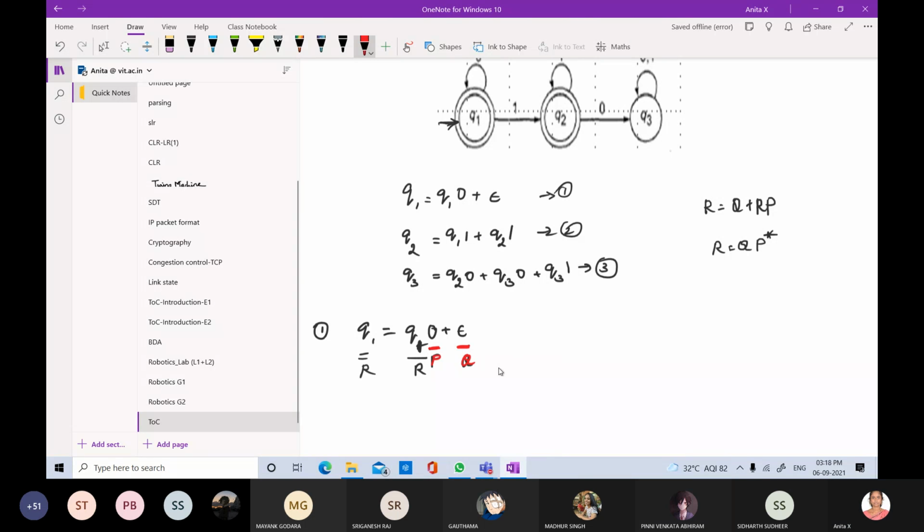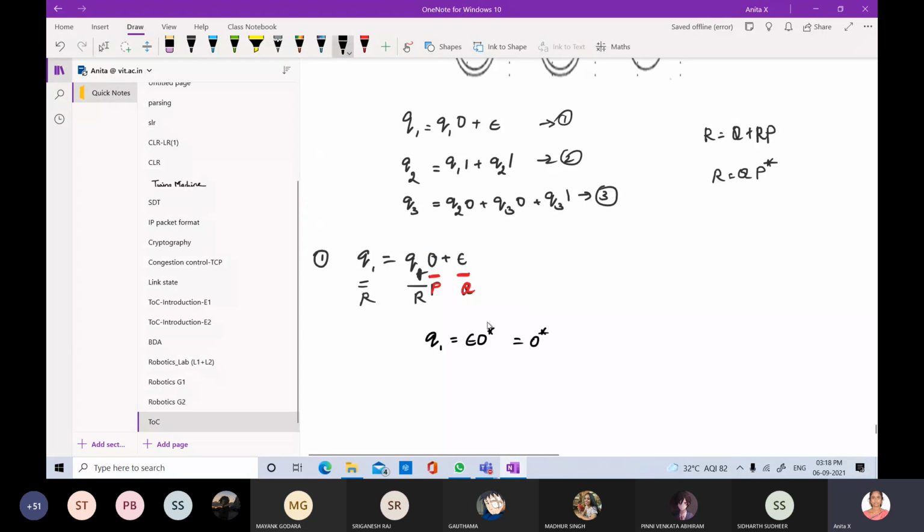So what will be the regular expression for Q1? It is nothing but Q P star. So what is Q here? Epsilon. So what is P here? 0. So it is equal to epsilon 0 star. So this is equation number 1.